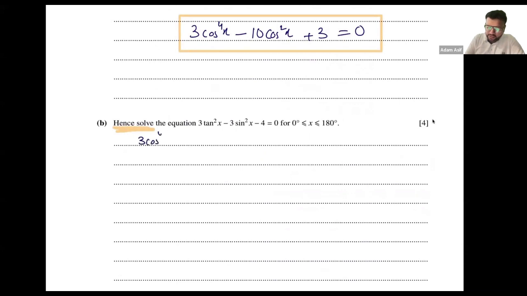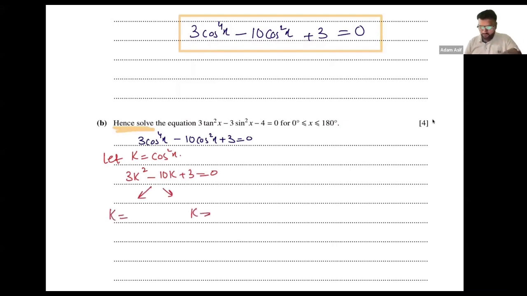This is the disguised quadratic equation. So let k be equal to cos square x. The equation would reduce down to 3k square minus 10k plus 3 equals 0. Solve for the two values of k. Let's see what we get.